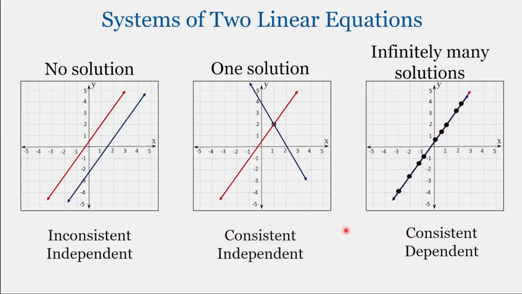Consistent systems have solutions. With parallel lines, we did not have a solution, so that was inconsistent. Now, if our equations are dependent on each other, meaning they describe the same set of points, well, this is a dependent system. And if that's not the case, then it's an independent system.